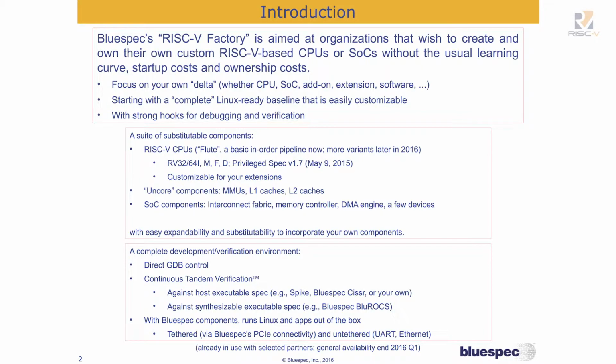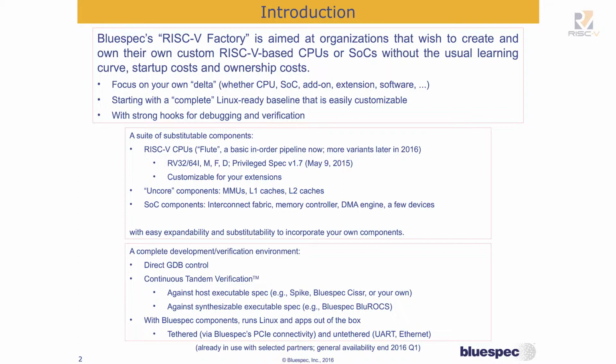What we're trying to do is provide this environment as a starting point, a baseline for customers who have some specific value add that they're trying to do. They're trying to do some extensions, or some accelerators, or their own RISC-V CPU, but they want the rest of the SoC out of the box, or vice versa.